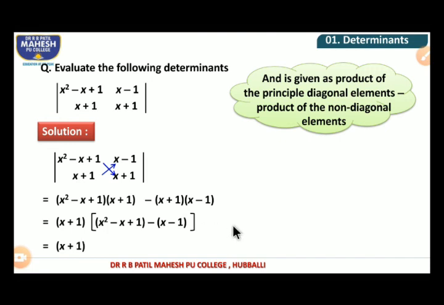In the next step, x plus 1 is already outside, and within the bracket we have x square minus x plus 1 minus x plus 1, therefore minus x minus x is minus 2x, and plus 1 plus 1 becomes plus 2. Therefore the answer will be x plus 1 into the bracket of x square minus 2x plus 2. So this is the solution of this given determinant.